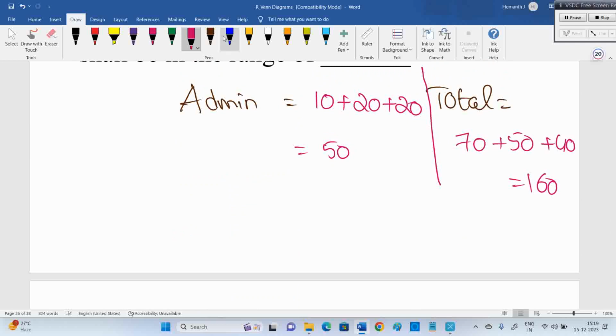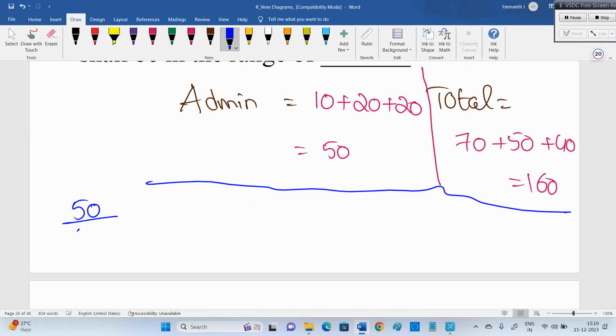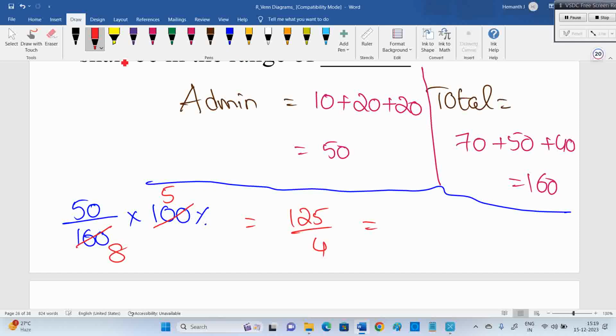Now they're asking admin percentage out of total, which comes under which range among the options? So admin is 50, total 160. In terms of percentage, we have to multiply with 100. 50 times 100 divided by 160, that is 125 divided by 4, which is 31.25%.